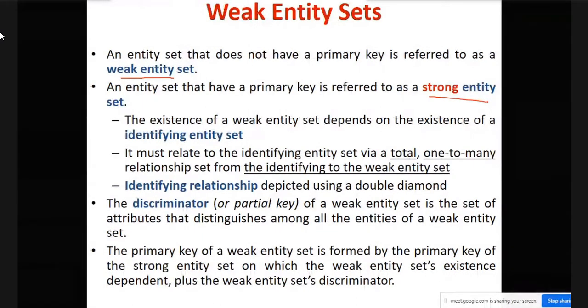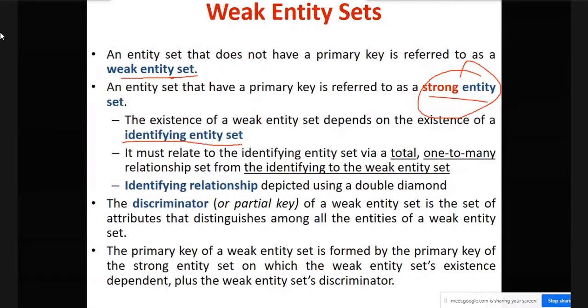For that, these strong entities help your weak entities for their identification, and hence these strong entities are known as identifying entity sets. The existence of the weak entity set totally depends on the existence of an identifying entity set.